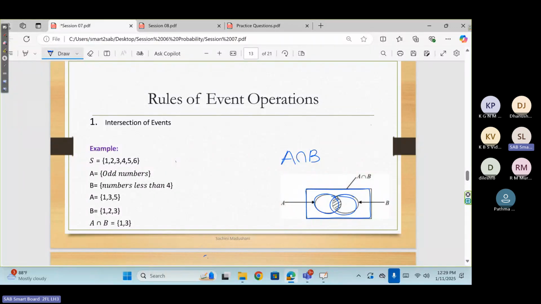This is the area common to both event A and event B. This is the way we can represent the intersection using the Venn diagram.